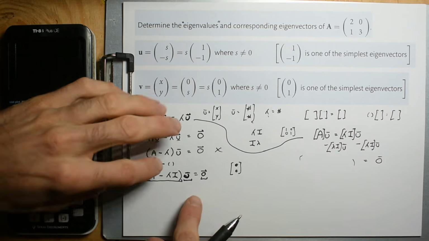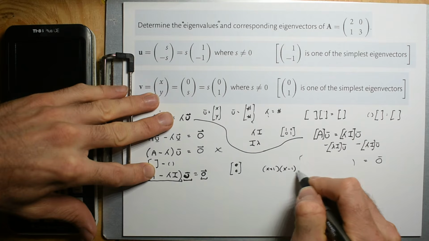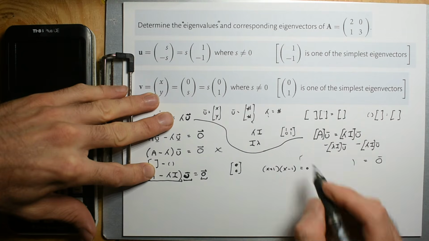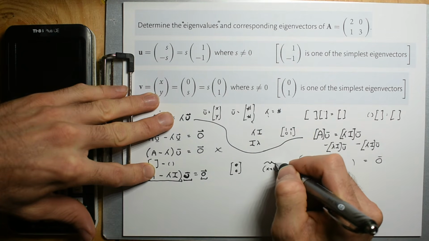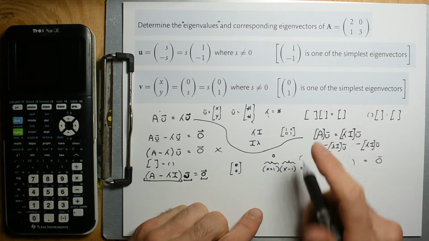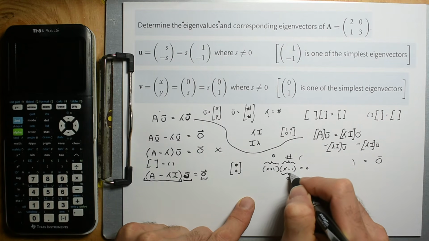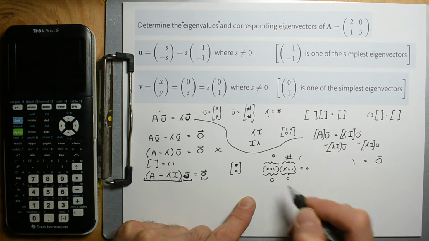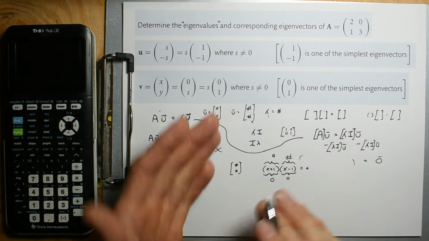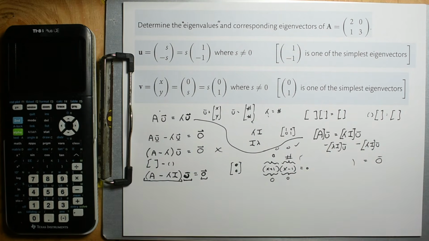But anytime you have x plus 1 and then x minus 1 equal to 0, you have two products where if this is 0, this could be any number, and vice versa. If this was 0, then this can be any number. If they're both 0, that equals 0 as well.